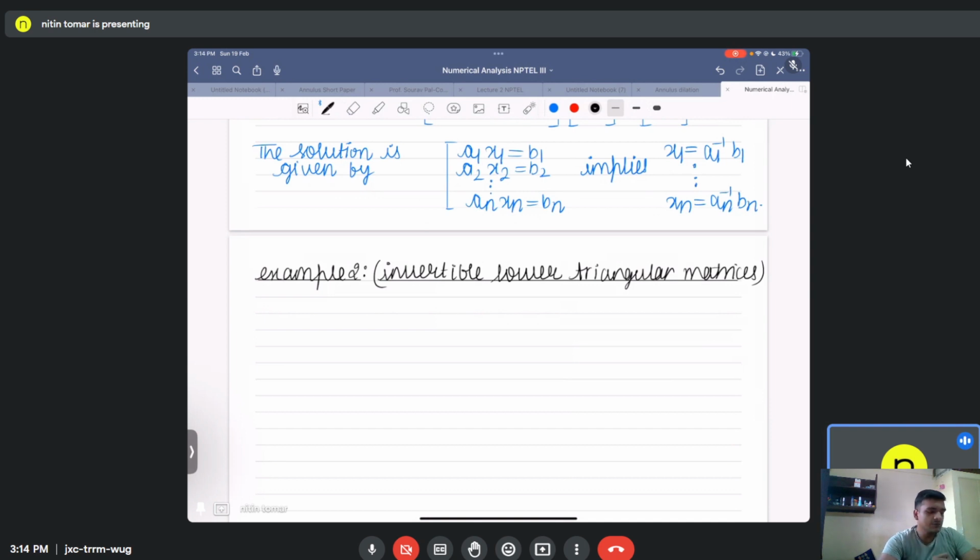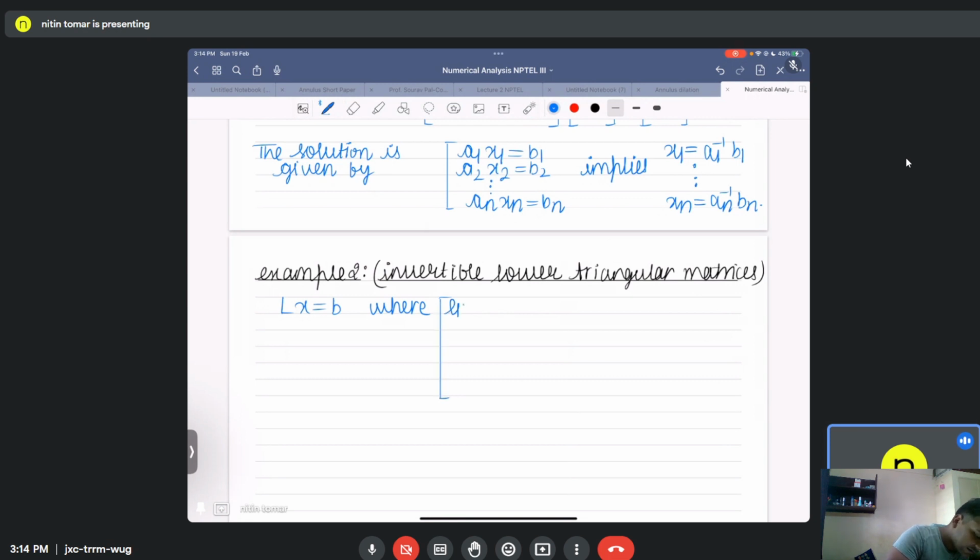So let's say you want to find the solution of this system Lx equal to B, where I'll just write the system elaborately.